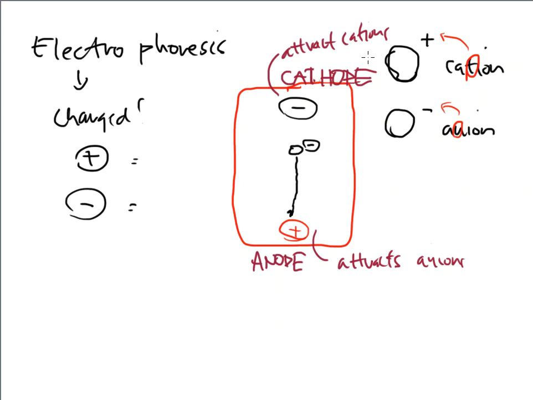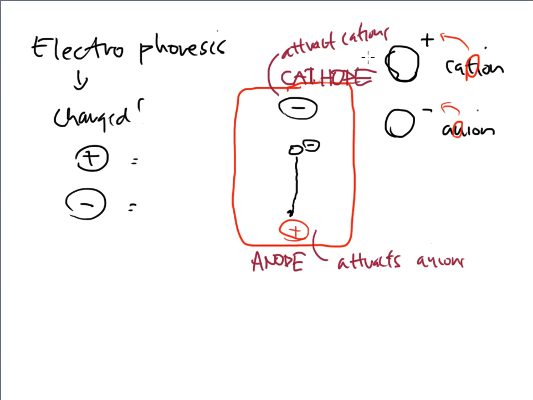All right? So there's a little bit of confusion there, and the confusion is the terminology of what we call the electrodes. But just kind of keep in mind what those electrodes are actually doing, right? They are attracting cations, cathodes. They are attracting anions, anodes, and those are the proper terms that we use, all right?